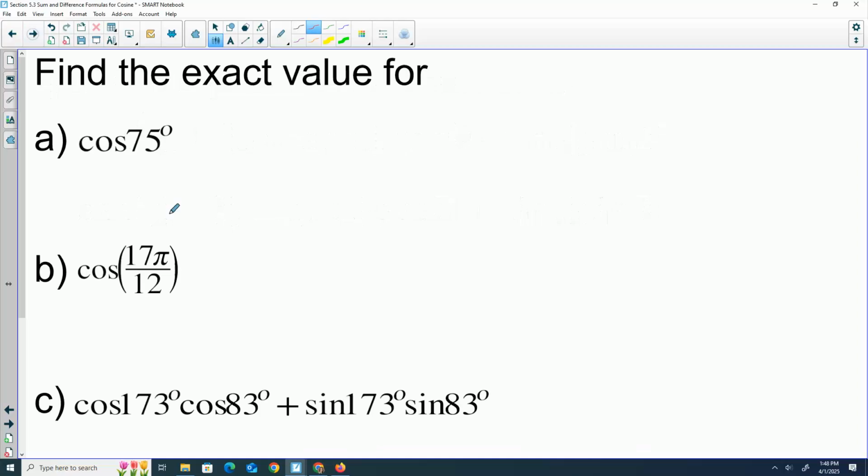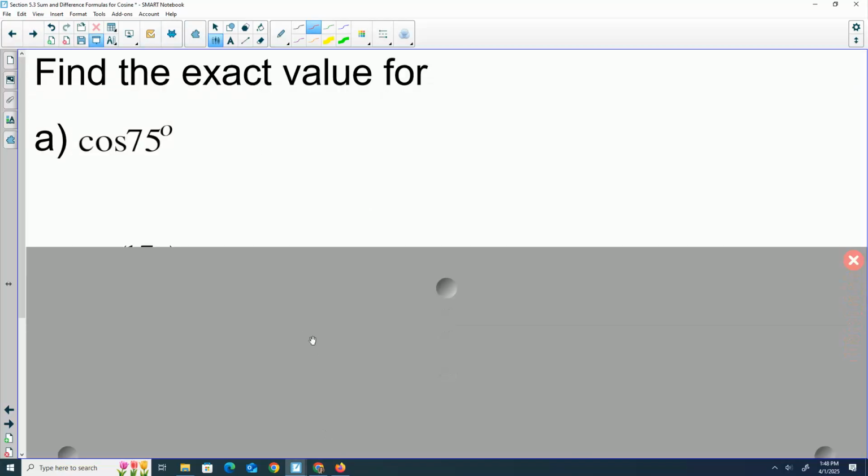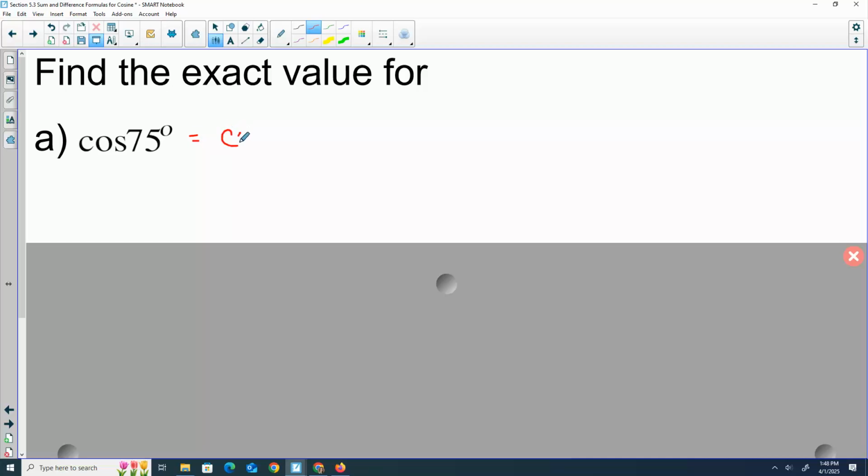Alright, so we're going to use that to find some things. If I say exact value, that means with radicals. So even if I just type cosine of 75 degrees in my calculator, it's going to give me a decimal, not the answer I'm looking for. But what we can recognize is that 75 is the same thing as 45 plus 30.